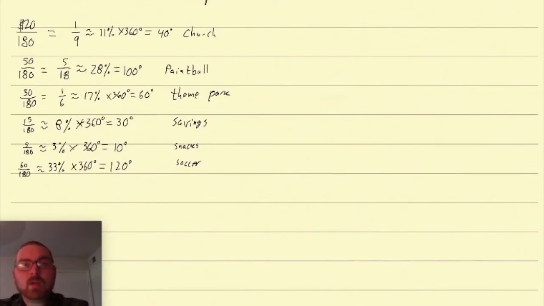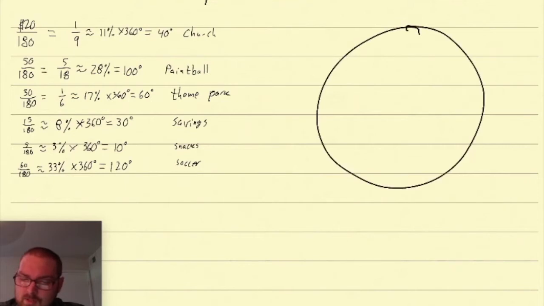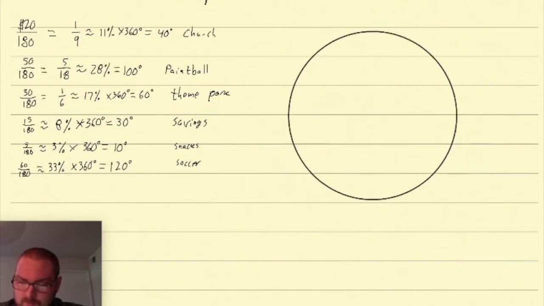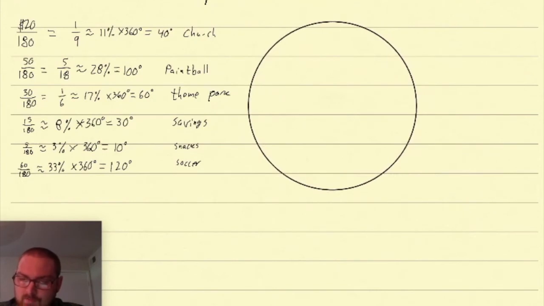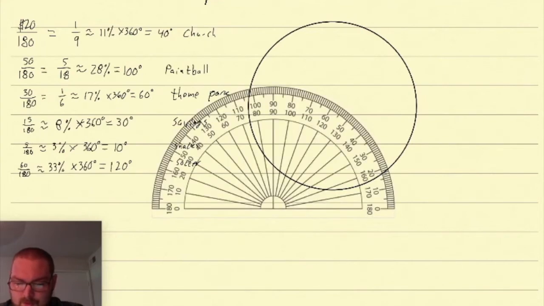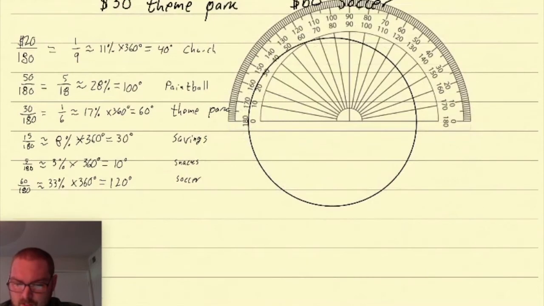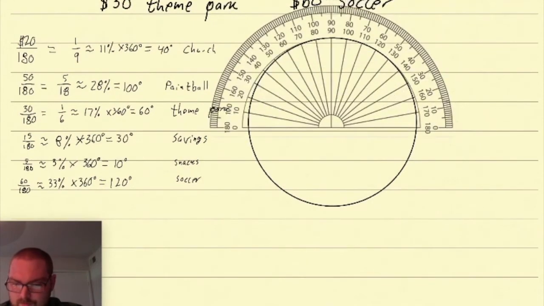All right, now I want to do my circle graph. So I've got my angles. I draw my circle. Move it here. And now I need my protractor. So here's my protractor, and I arrange it over my circle.